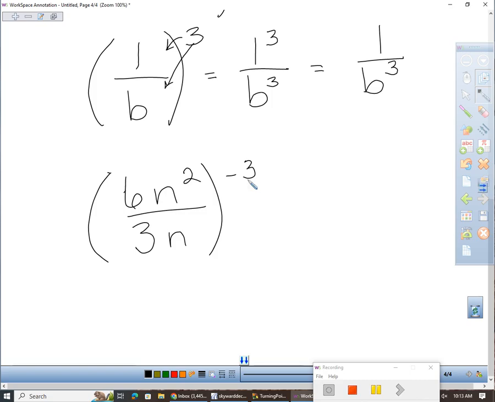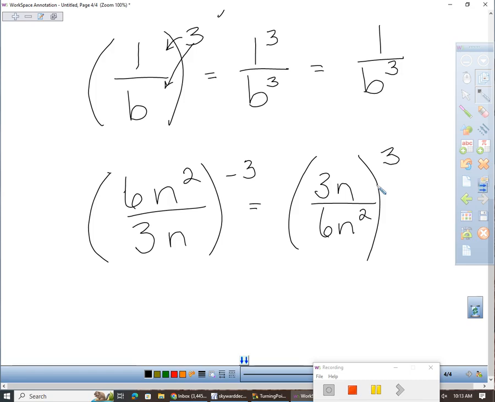We can simplify inside first and then flip it, or we can flip it first and then simplify. Flip it first? All right, we're going to flip it first. Okay, so first we're going to make this 3n on top over 6n squared on the bottom. What happens to my exponent? Becomes positive. Very good.